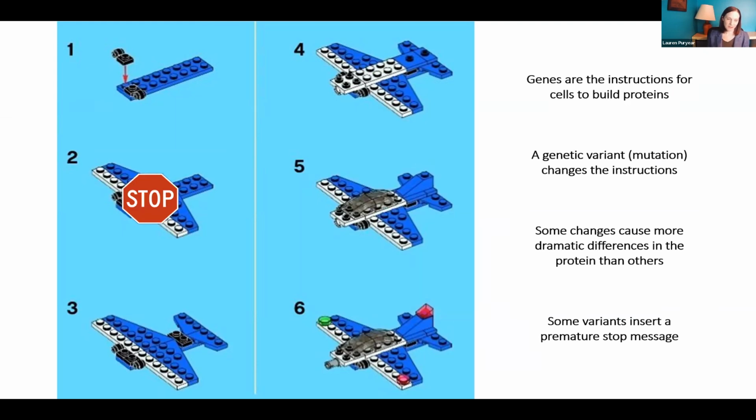And when that happens, the little messenger RNA that's created is very unstable. And so it actually doesn't end up making it all the way to the ribosome to build a partial protein. It gets degraded by the cell before that ever happens. And so when you have an early stop signal, typically no protein is made at all from that copy of the gene.